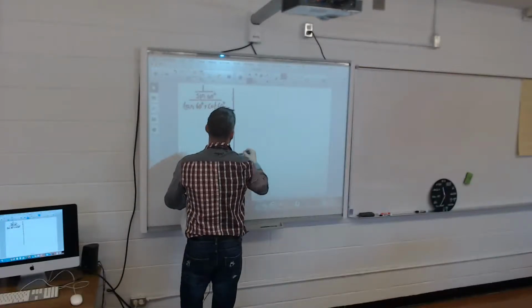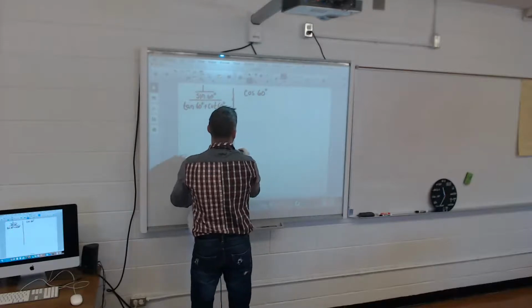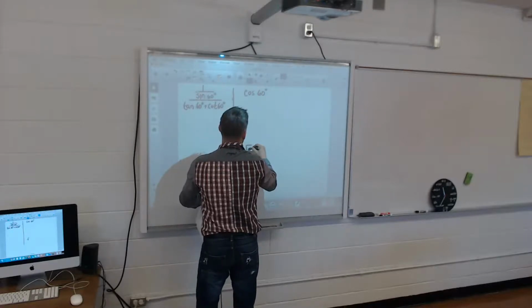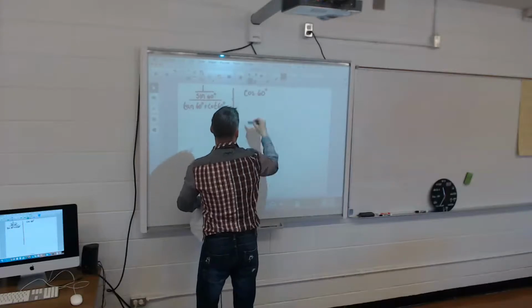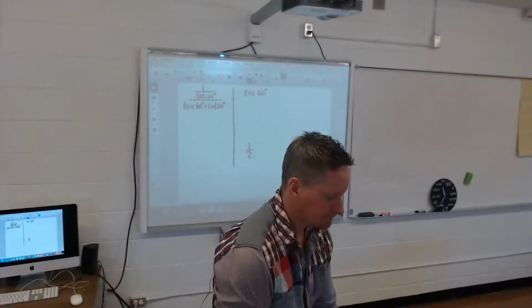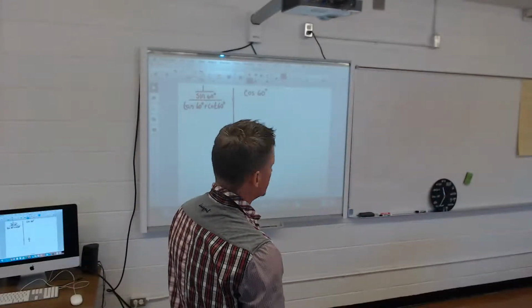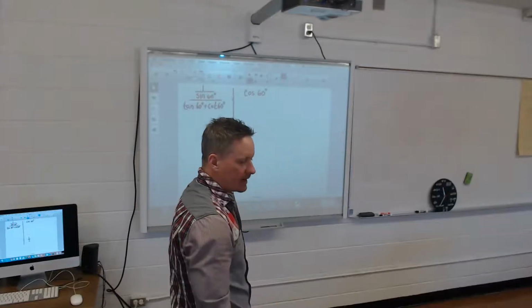And that should equal what the cos of 60 degrees is. So the cos of 60 degrees is a half. We know that, right? From our unit circle. Okay, so what's the sine of 60 degrees?